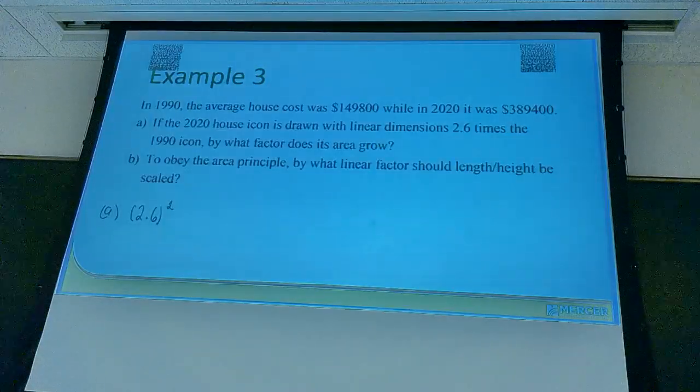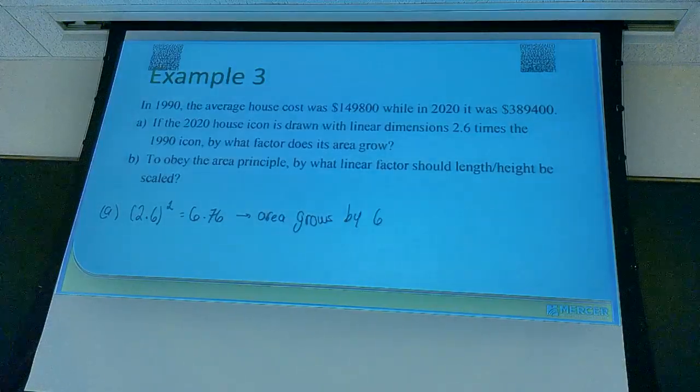If that's the case, it's going to grow by 2.6 squared, 6.76. So the area has grown by 6.76 times.